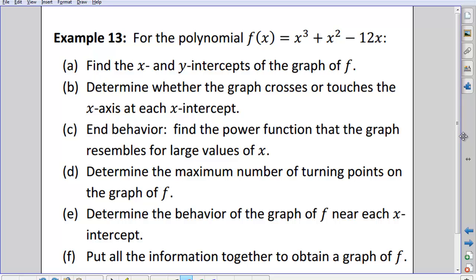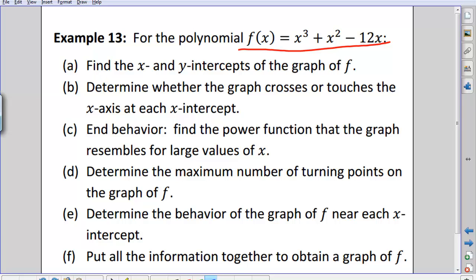And if you haven't caught on by now, what we're doing is we're taking some polynomial function, and we're just looking strictly at this function and gathering information about the graph of that function.